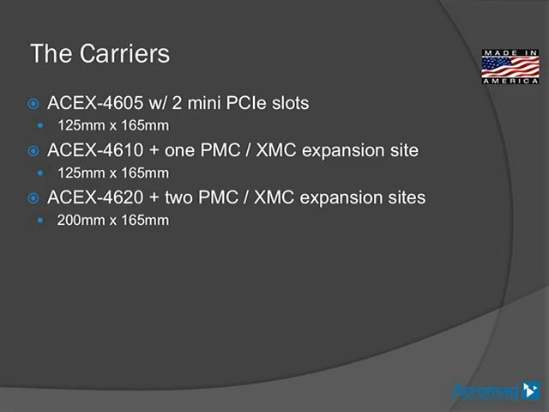Then, of course, we have that same size carrier card offering with a single PMC XMC site, as well as the 2 mini PCIes. And then, of course, the board that we're showing here in the picture, and we'll have a couple other illustrations, but this is the dual PMC XMC, and it as well has 2 mini PCIe slots.